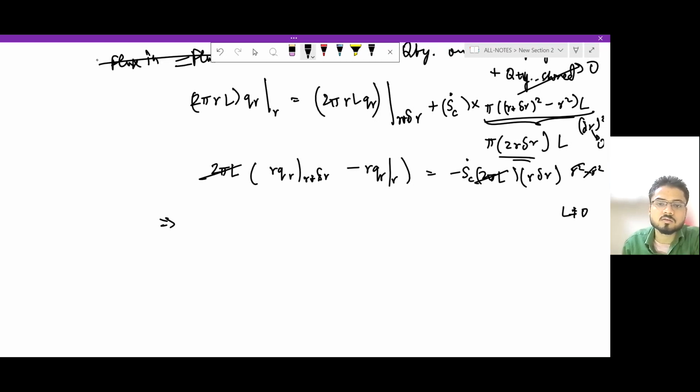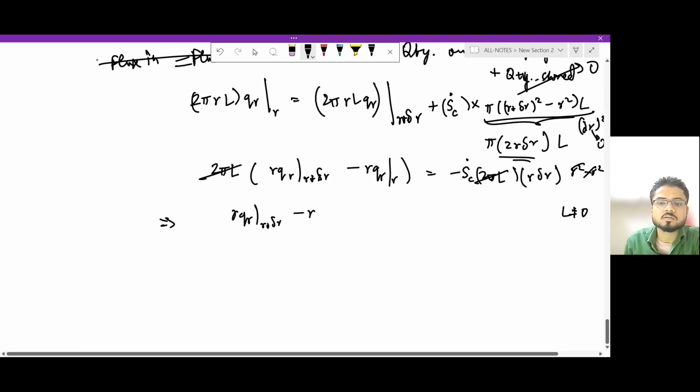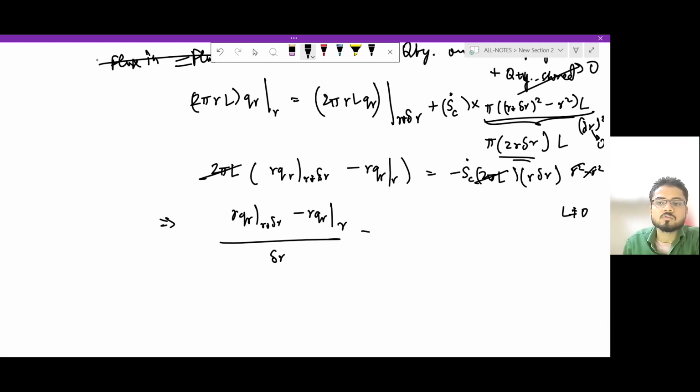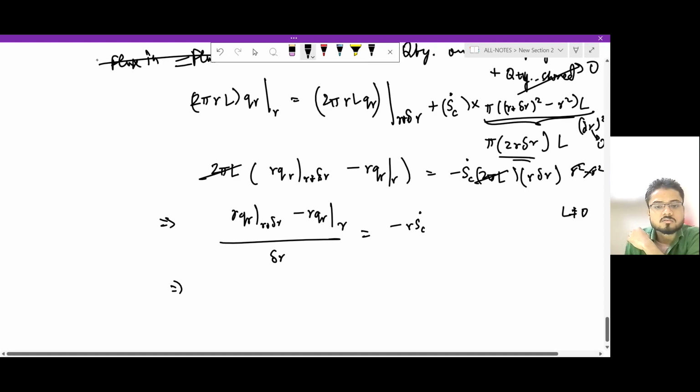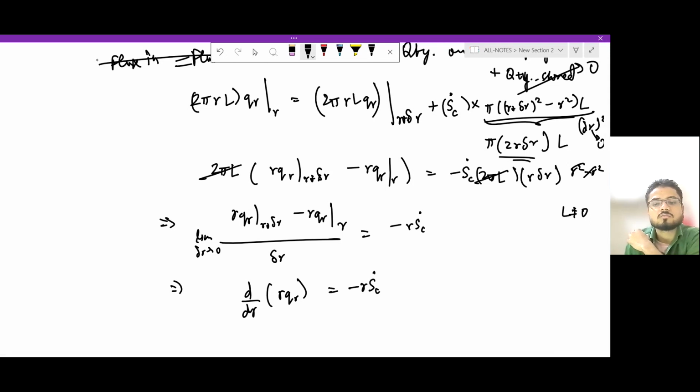We can cross this out conveniently, and this is r Q_r at r plus del r minus r Q_r at r, divided by del r, would be equal to minus r times S_c dot. And this just looks like d by dr of r Q_r, for the limit delta r tends to 0, is equal to minus r S_c dot.